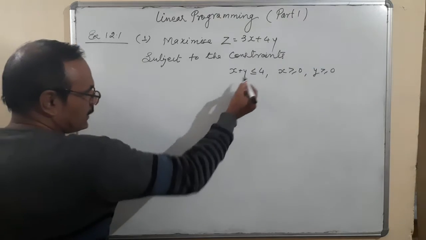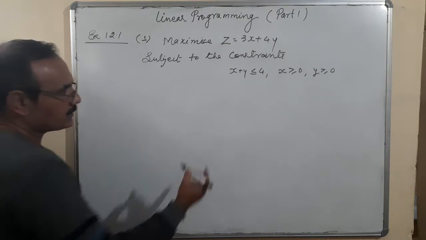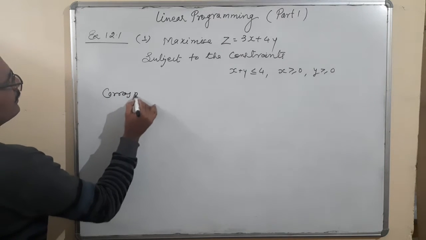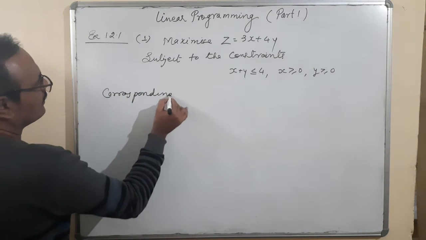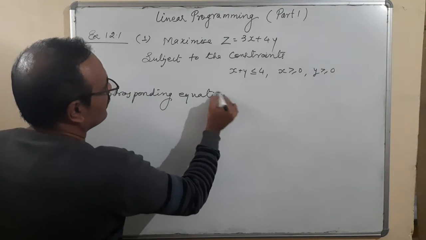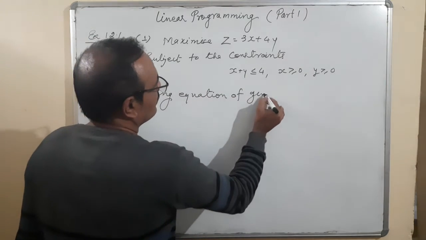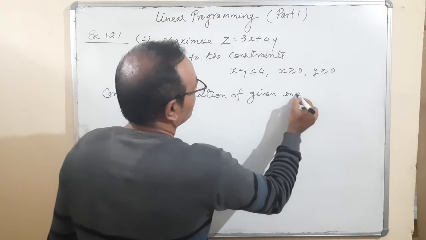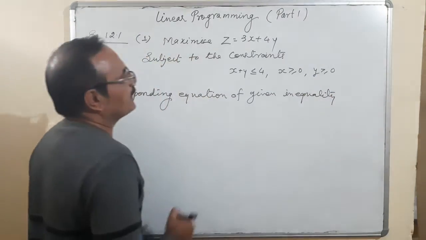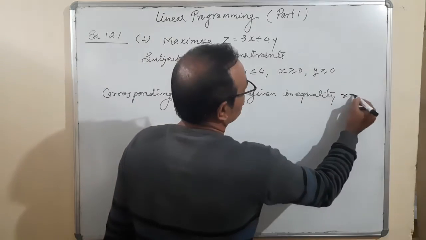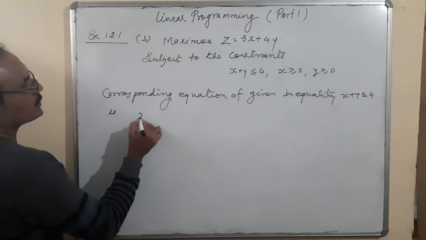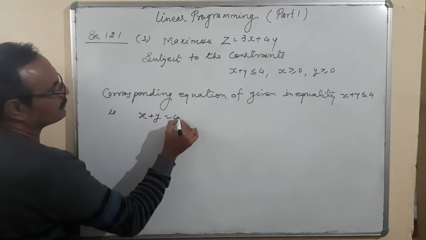First of all, the constraints are given. So first I am going to convert them to the corresponding equations of the given inequalities. For x plus y less than or equal to 4, what is the corresponding equation? x plus y is equal to 4.